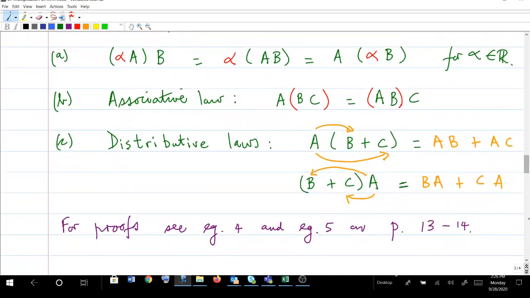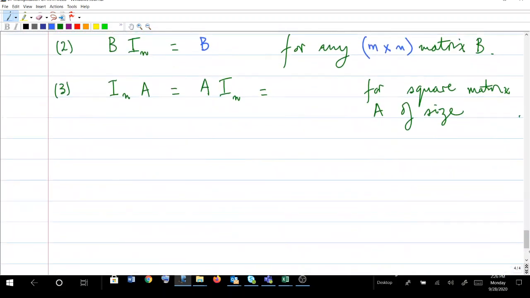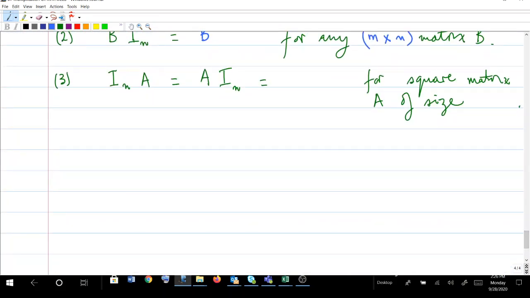Then the third part, 3, the identity matrix of order n by n multiplied by the matrix A will equal to the matrix A multiplied by the identity matrix of order n by n, and that will equal to the matrix A for any square matrix A of size, in this case, n by n, right?